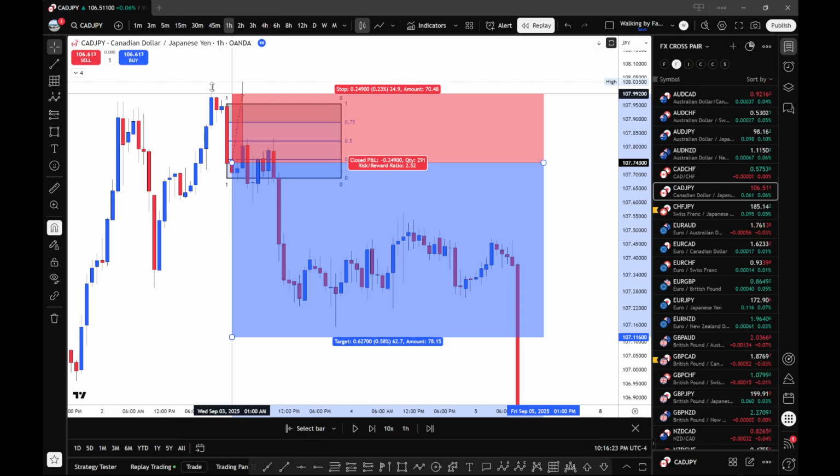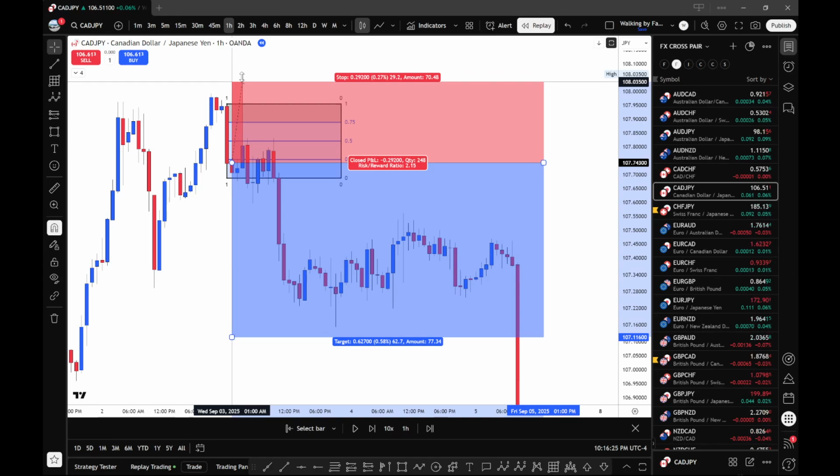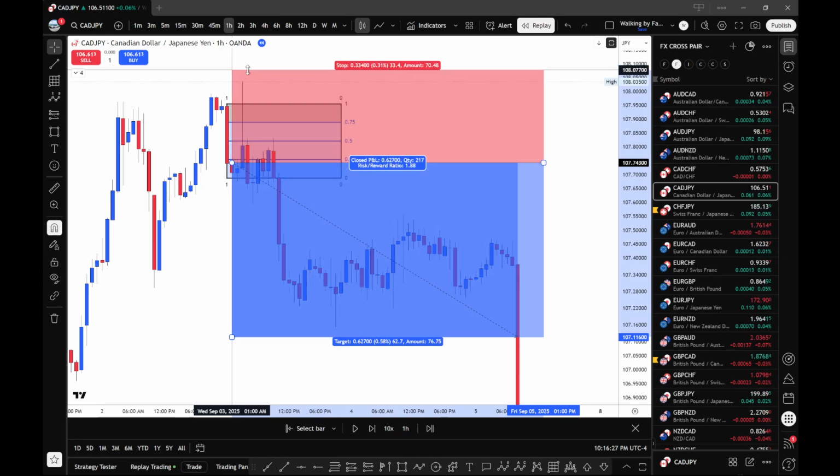Sometimes I like to do anywhere from 30 to 50 pips, to be honest. But my stop loss is already calculated to my account size, to the amount that I'm willing to lose for that big pip size.